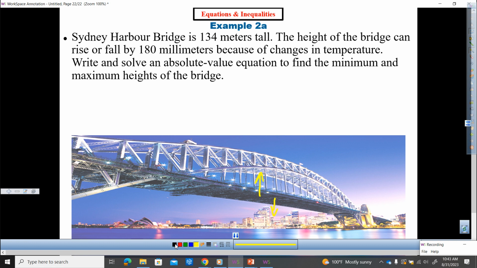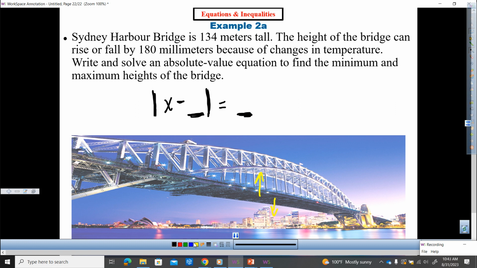So I want you to copy this. Example 2a. Now I want you to write absolute value, x minus, leave that blank, equal to, and leave that blank. So we need to fill this, and we need to fill this. Is that correct? So let me go to the problem at hand.